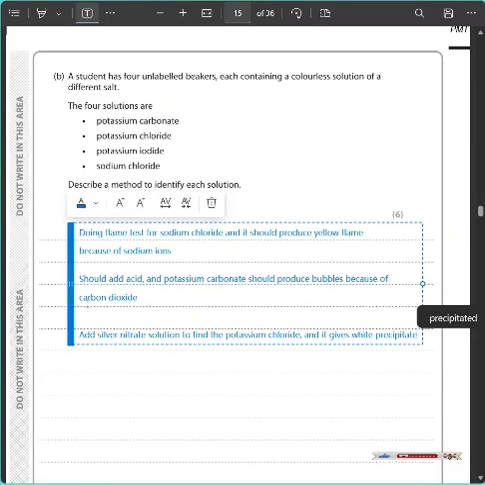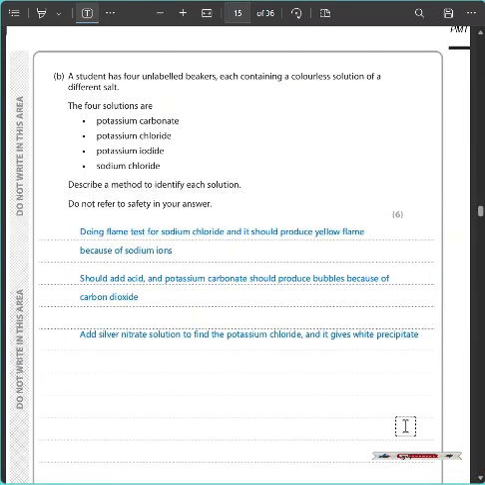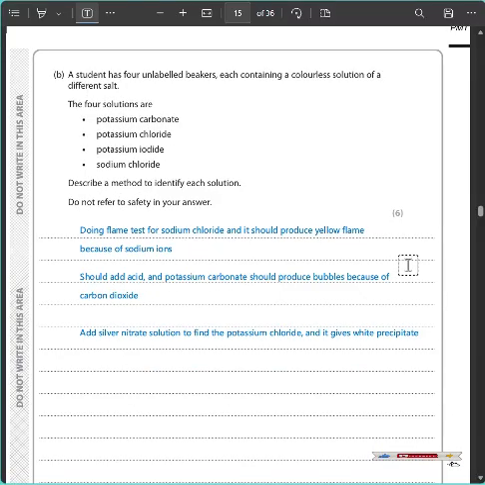And the left one will be potassium iodide. For finding it, you can add dilute nitric acid and silver nitrate, and it gives a yellow precipitate if it is potassium iodide. And that's all.